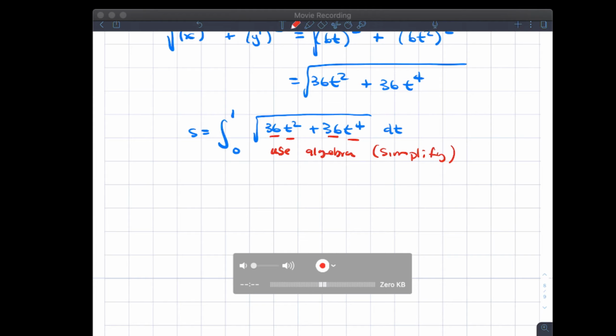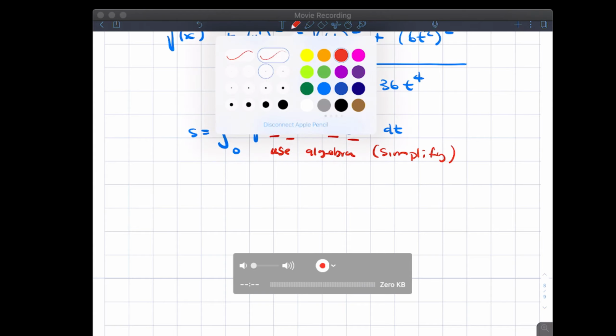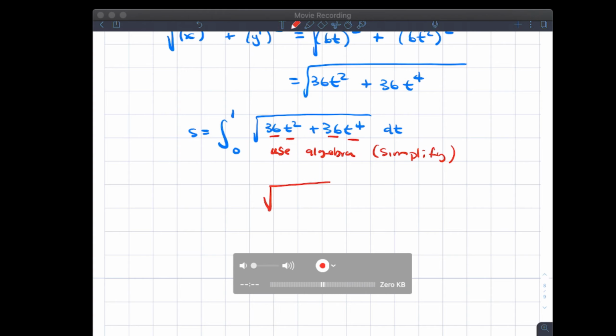So when I do that, what I have under the radical is 36t squared, and then I'm left with 1 plus t squared. Okay, so double check, like I said, I switched from coffee to green tea.